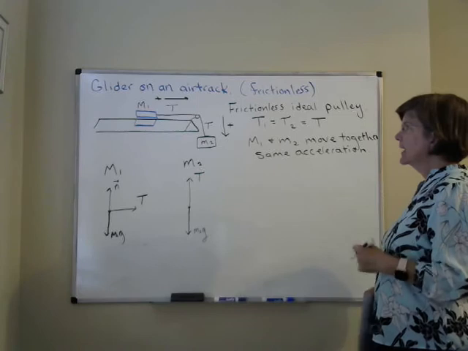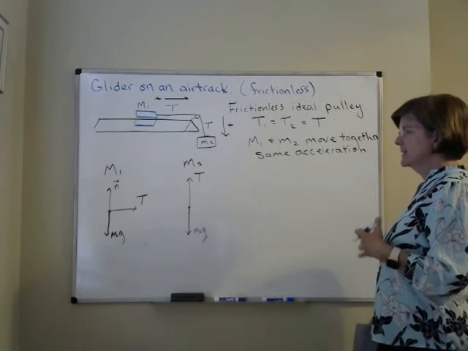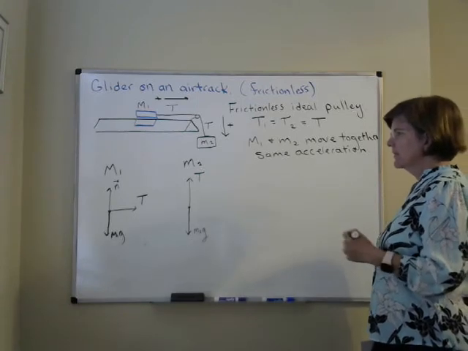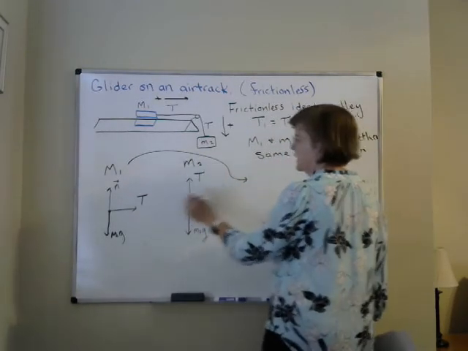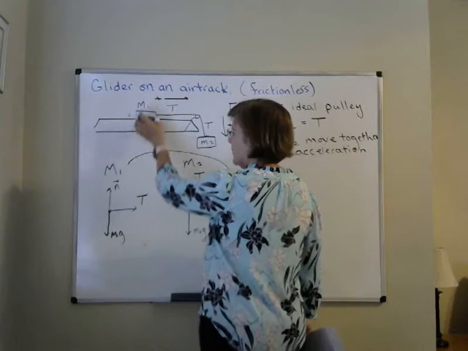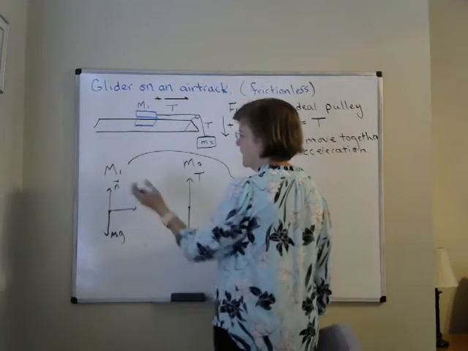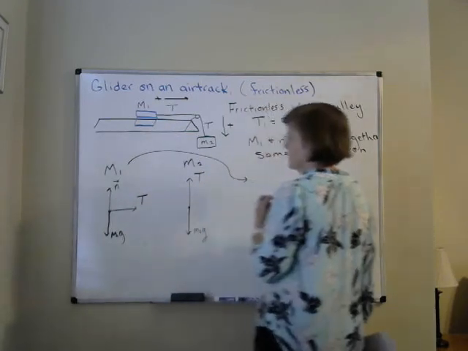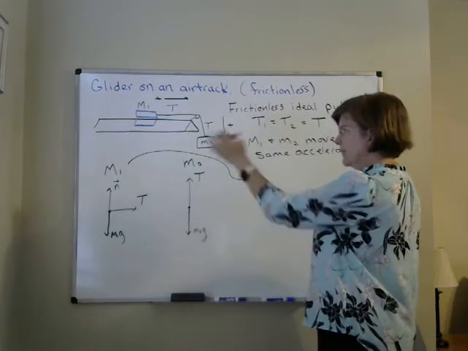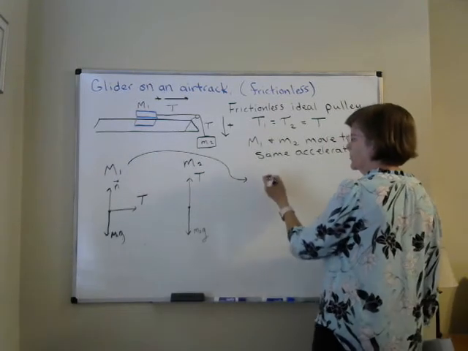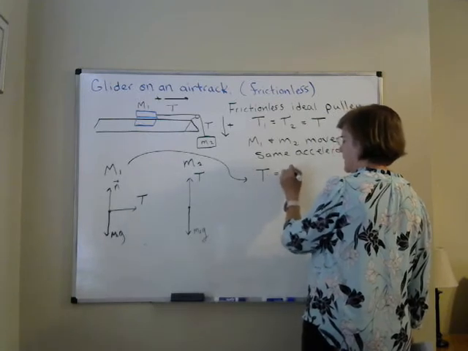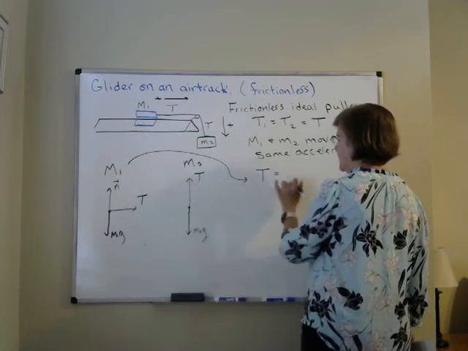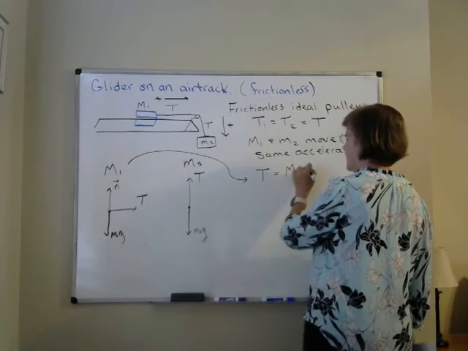Remember, the net force equals the mass times the acceleration. So if I want to do it for M1, these two will be equal. The weight pressing down against the air track is going to be equal to the normal force pushing up. So for mass 1, the equation is just T equals M1A.